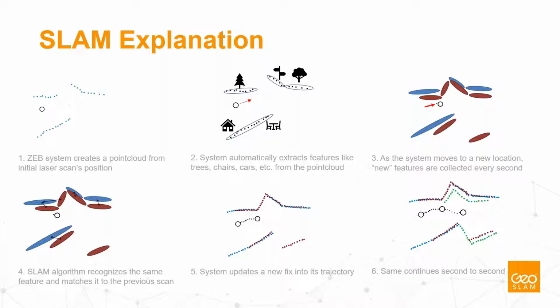It will recognize they are the same. This means as a result, those surface elements will be matched, picture number 4. But also the result of this matching is that your position or trajectory will be updated. So that's why it's simultaneous localization and mapping. And this process continues every second.